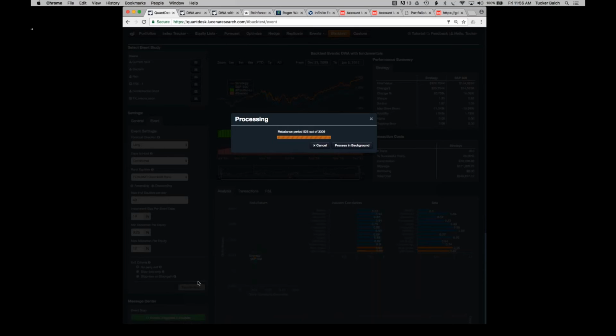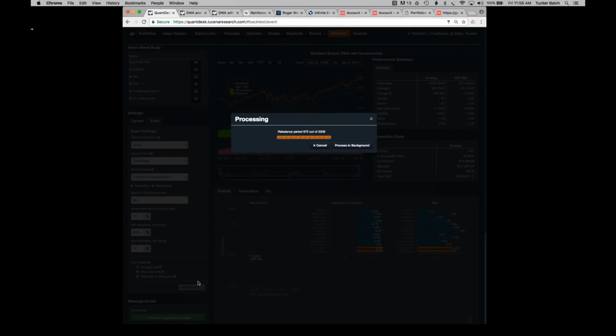That'll give us a list of securities per day, and then, as Tucker was talking about, the logic: max allocation per day, max and min allocation per asset, holding period, stop losses and stop gains. Those are all going to be assessed on a per day basis, and you're going to run through the entire duration of the backtest.